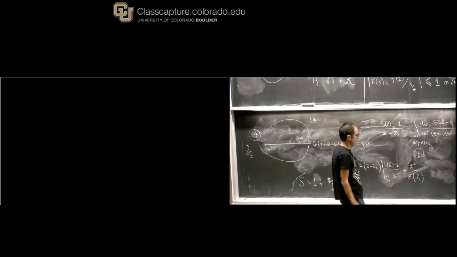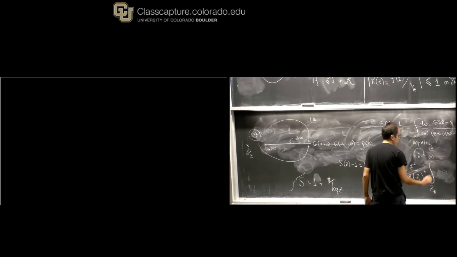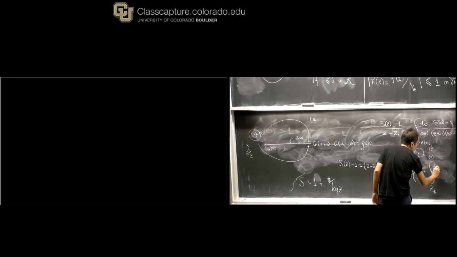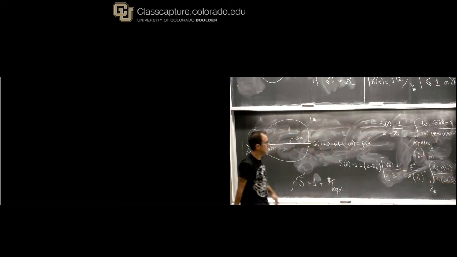Right? Plus the integral starting from z star and going all the way to infinity, dw rho of w divided by 2 pi i, z minus w, minus z naught. Okay.